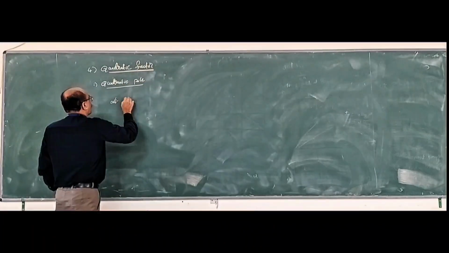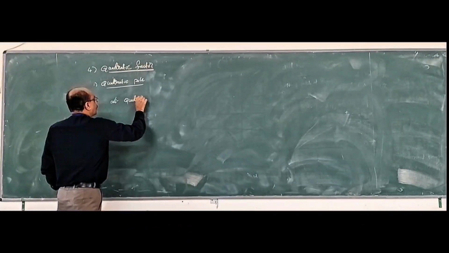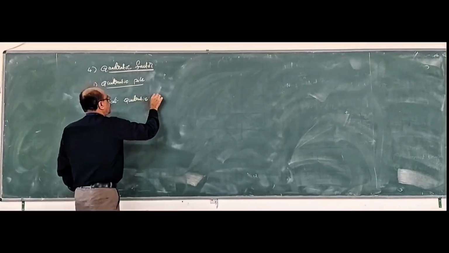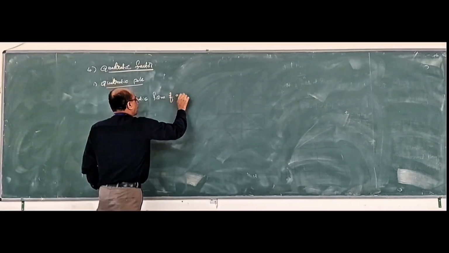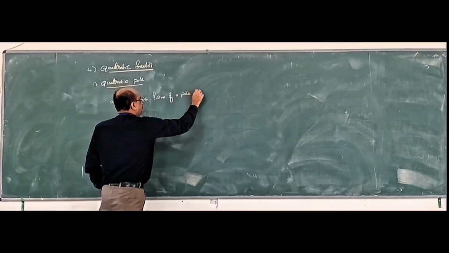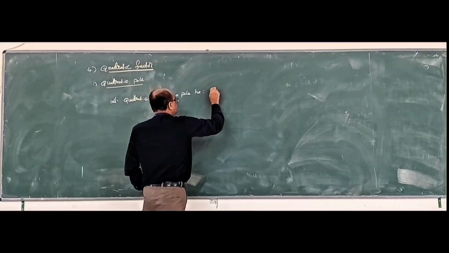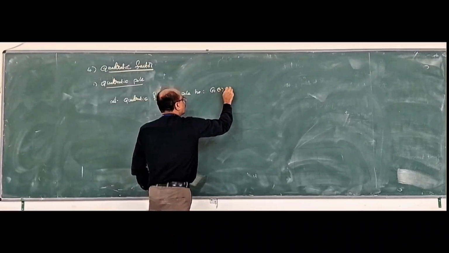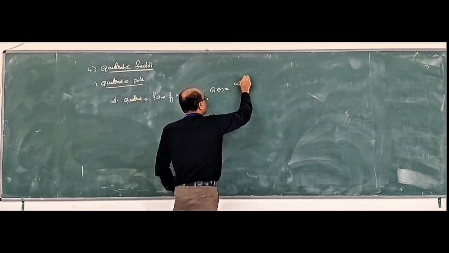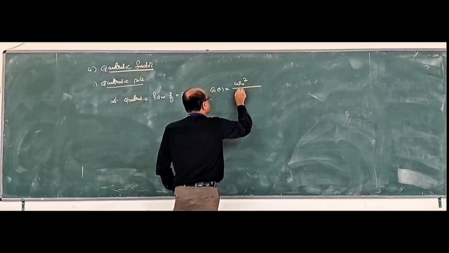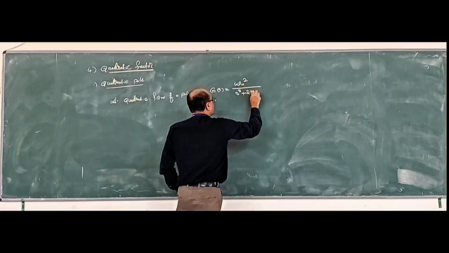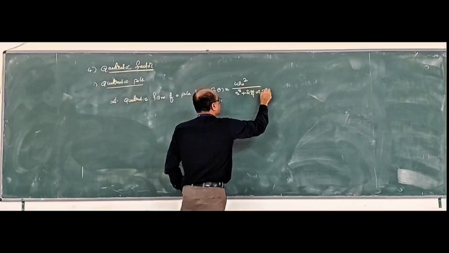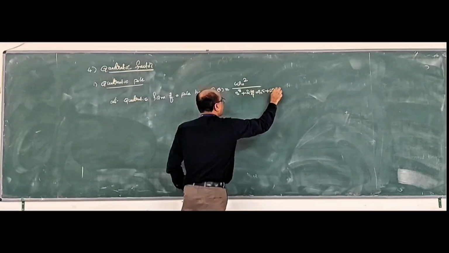Let the quadratic form of a pole be G of s equal to omega n square divided by s square plus 2 zeta omega n s plus omega n square.